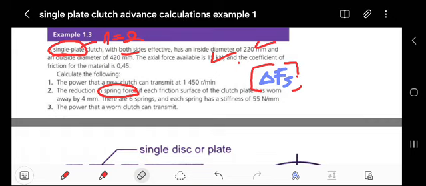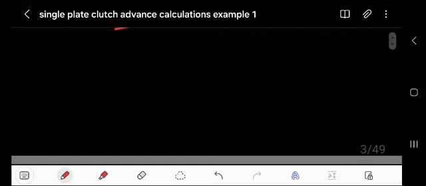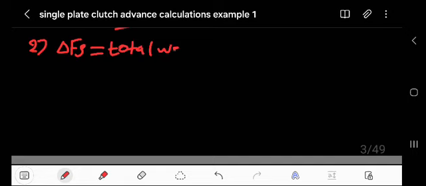So if we can calculate the change, we want this. I said this is equal to, okay, here we'll have 2 there. The change in the spring force will be equal to the total wear, multiplied by the stiffness, and multiplied by the number of springs.